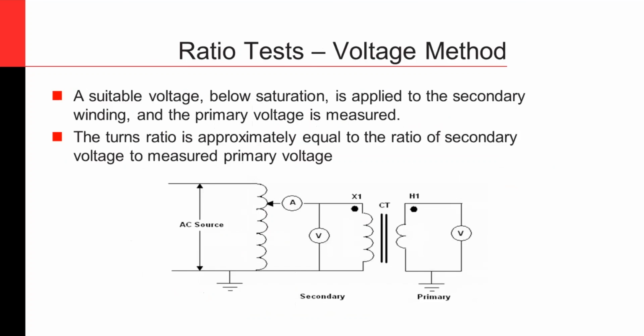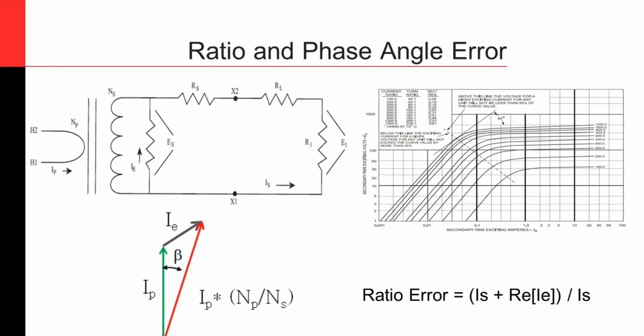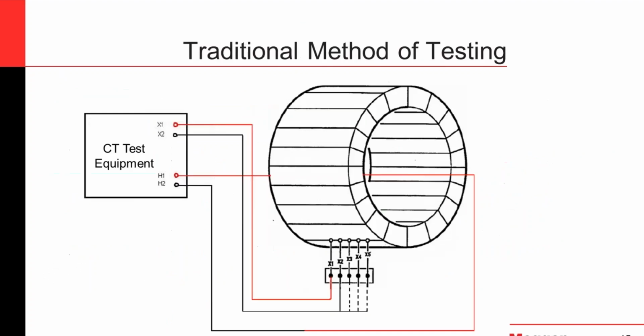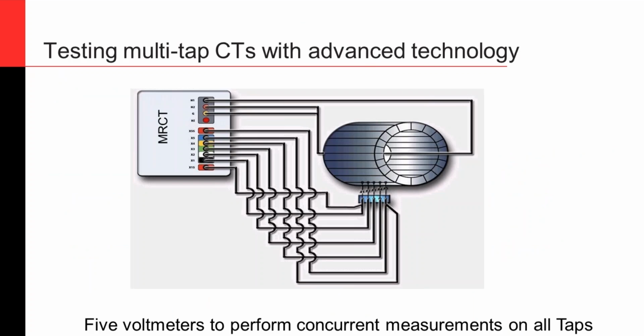On a concurrent test, let me come back to this picture. We have 5 voltmeters on this CT tester that measures the voltages across each and every single tap concurrently. So it's based on a calculation depending upon the ratio of the CT itself.